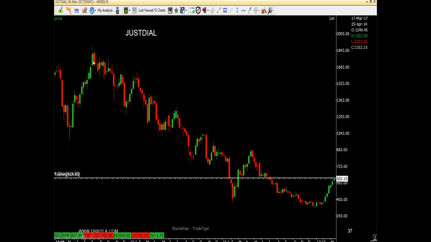So you see, if you had bought and held Just Dial at this price, and you haven't booked your loss here, and you see that it's going pretty much down and it's a very weak fundamental company, the obvious choice is to cut your losses and take a small loss, keep your money free, emotionally out from a very bad company, stay stress-free, and enjoy some other trading opportunities where you can make money rather than just waiting for some miracle to happen so that Just Dial will again go back to your purchasing price.